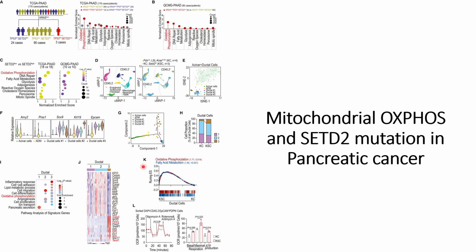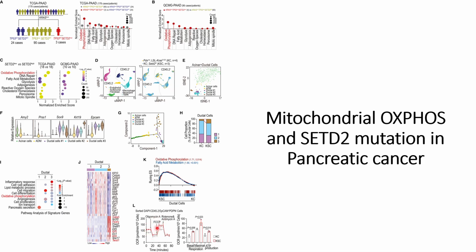When they checked using GSEA for oxidative phosphorylation and fatty acid metabolism, they saw that the cells differentiated from KSC have more oxidative phosphorylation and fatty acid metabolism compared to the cells differentiated from KC. Once they found that oxidative phosphorylation is high, and since the result of oxidative phosphorylation is more oxygen consumption by the mitochondria, they checked oxygen consumption using the OCR, oxygen consumption rate.